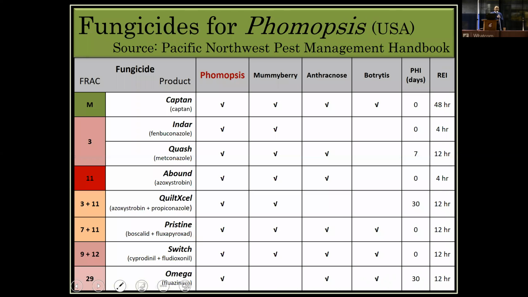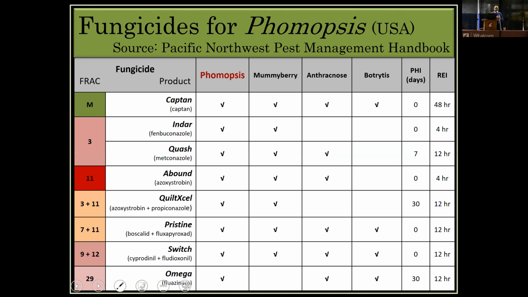Even though I don't have much knowledge about which fungicides are registered here, I got this information from the Pacific Northwest Pest Management book. The first column gives the fungicide risk group. Captan is safer to use, a low-risk fungicide. Abound is high risk, which is red, with the others in between.